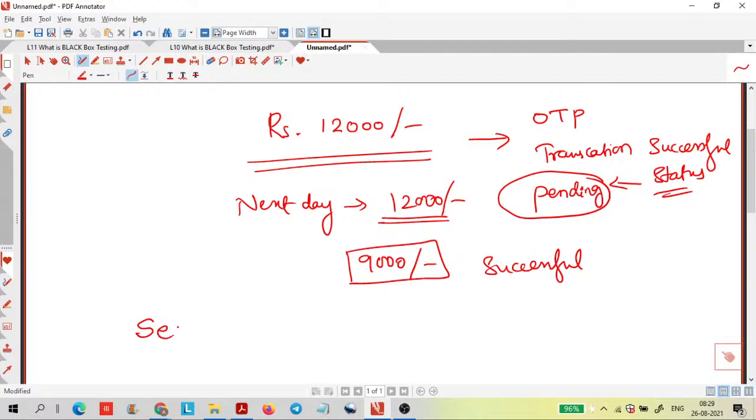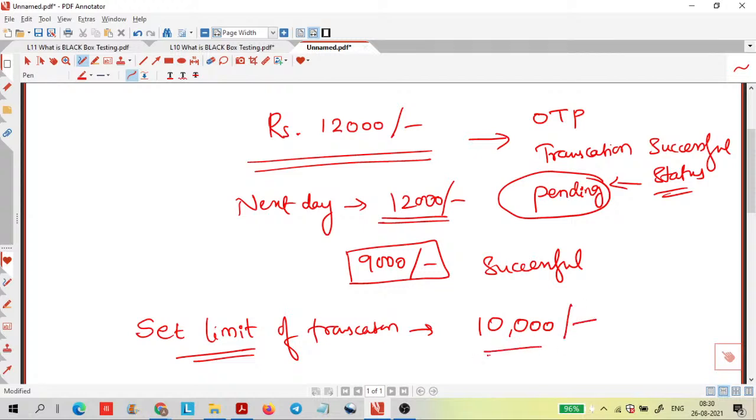Then I realized that the transaction limit was set to 10,000. This means if I do a transaction above 10,000, even 10,001, it won't work. This transaction will not happen.